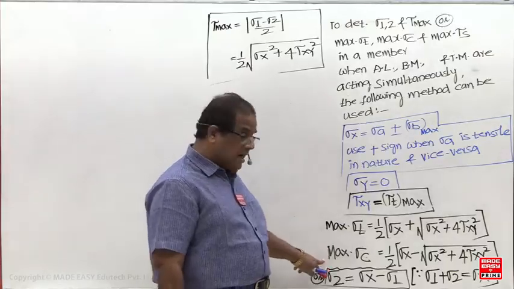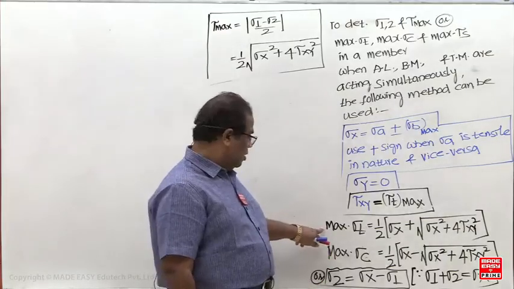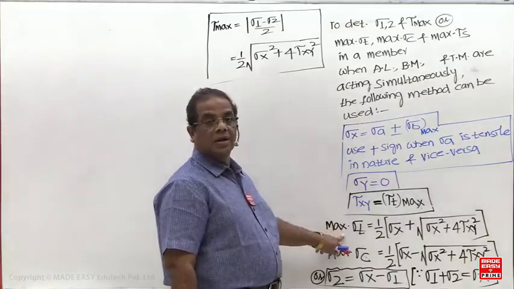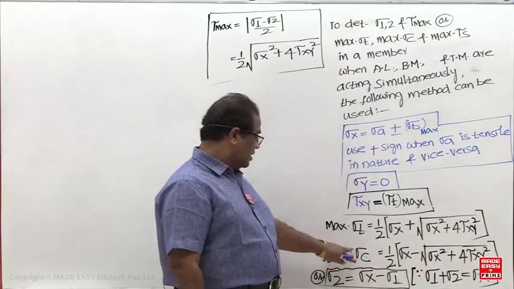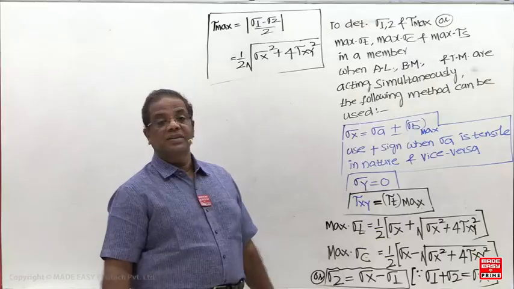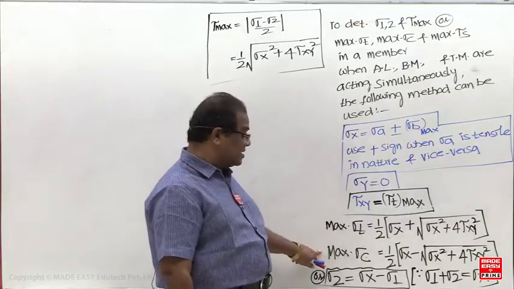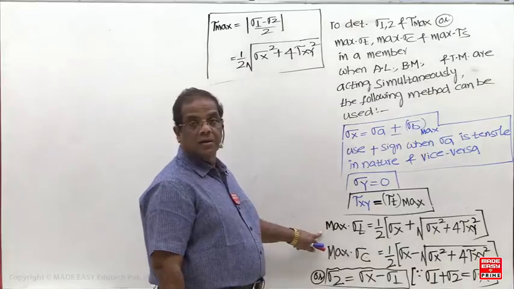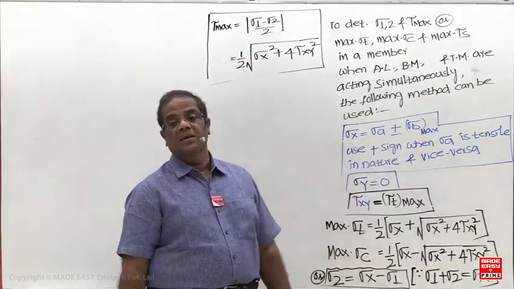If the first value is greater than the second, it will be sigma 1. Whichever is larger out of these two, that is sigma 1. Whichever is smaller, that is sigma 2.